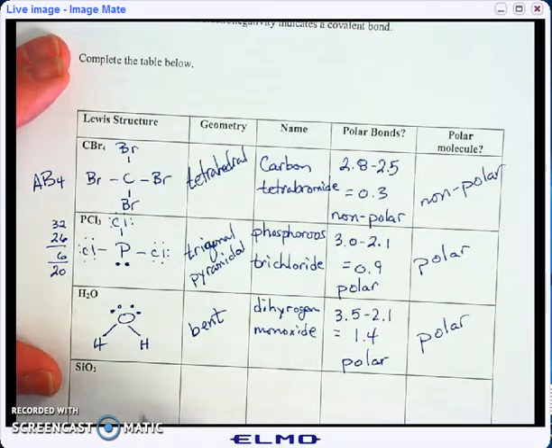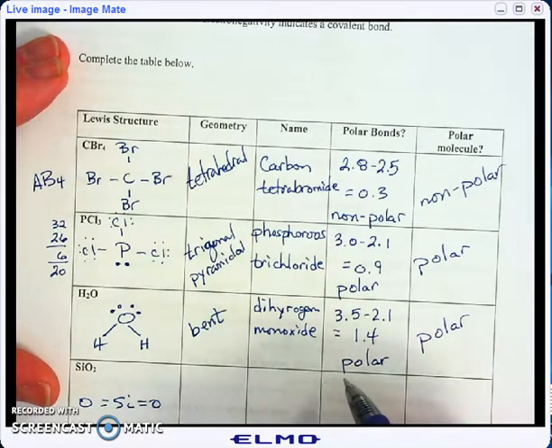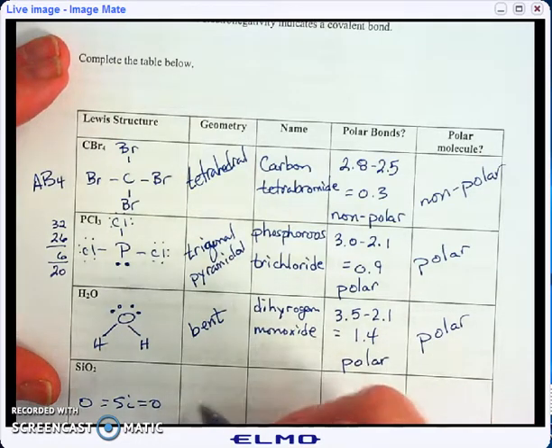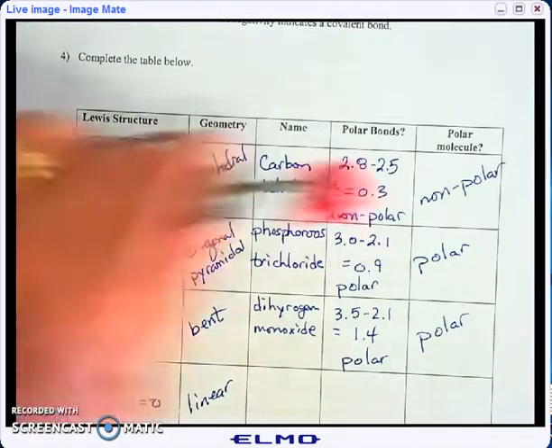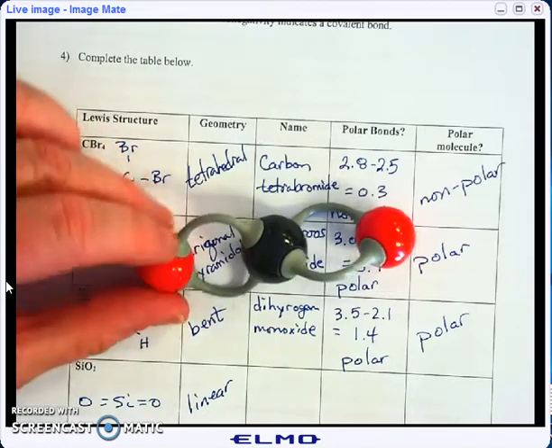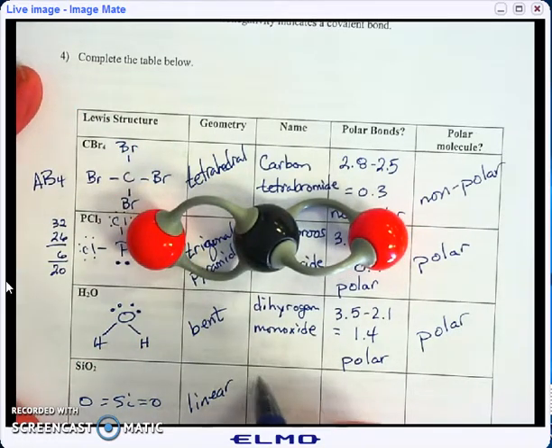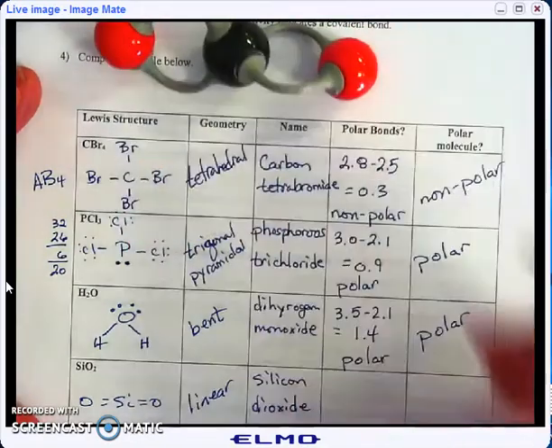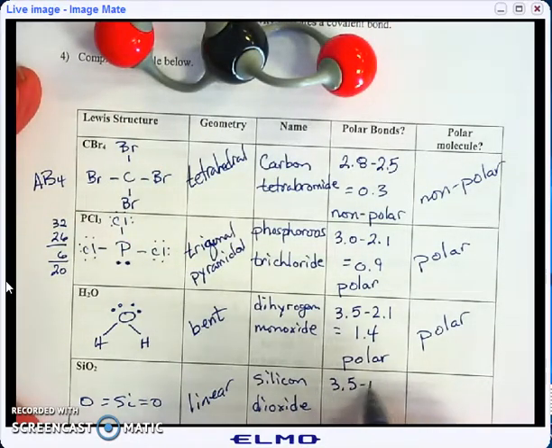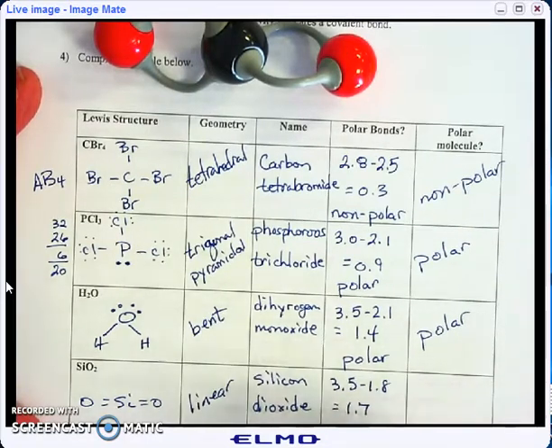Okay, SiO2, who's up? What's the shape? Okay, linear. Right. That's our molecule right there. The name? Silicon dioxide. And the difference, we have 3.5 minus 1.8 gives us 1.7, which makes it very what? Yeah, very polar.